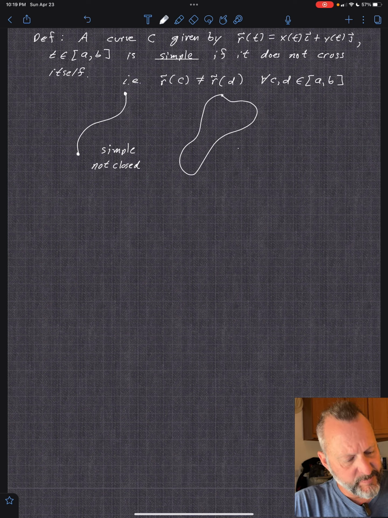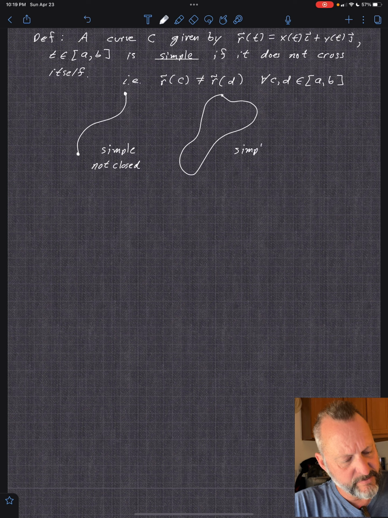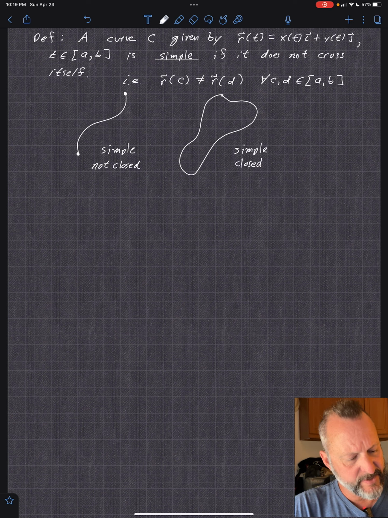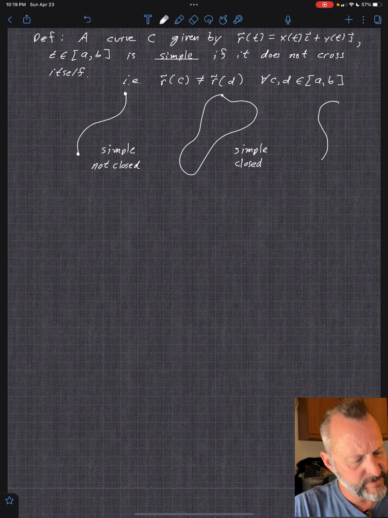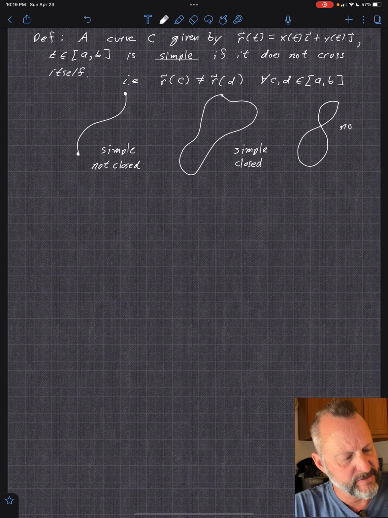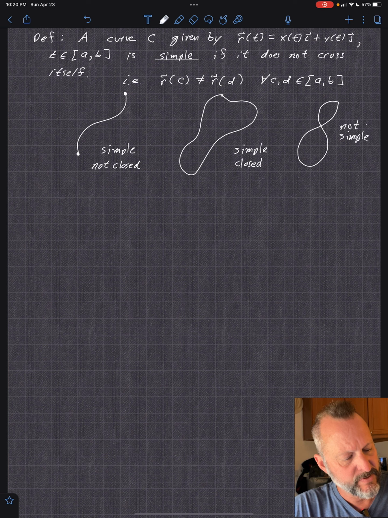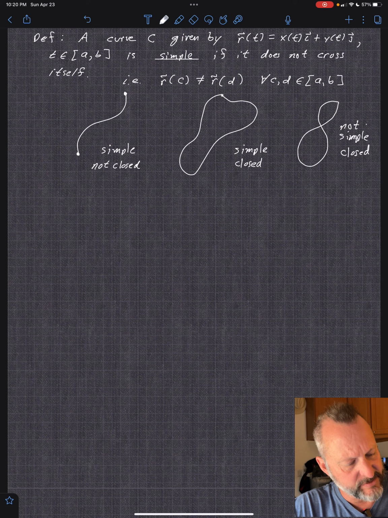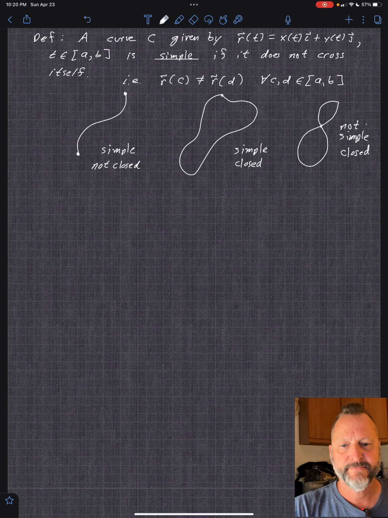Okay, that is simple and closed. And then you could have something like this, typical figure 8, that is not simple, but it is closed. So it crosses itself, obviously, right there where it does that.